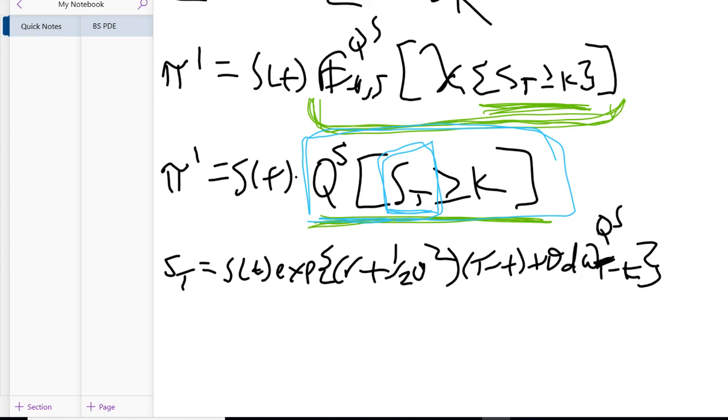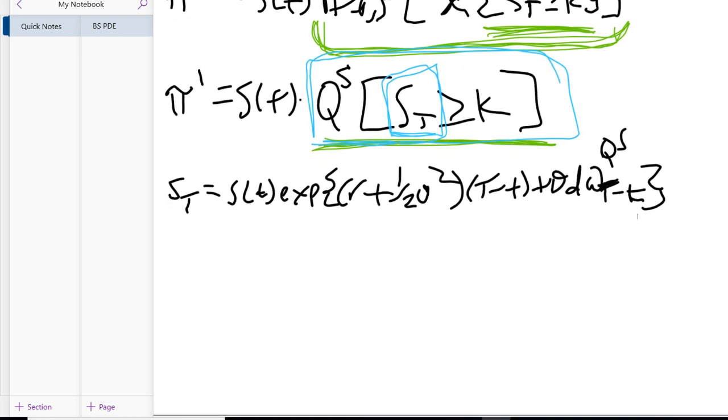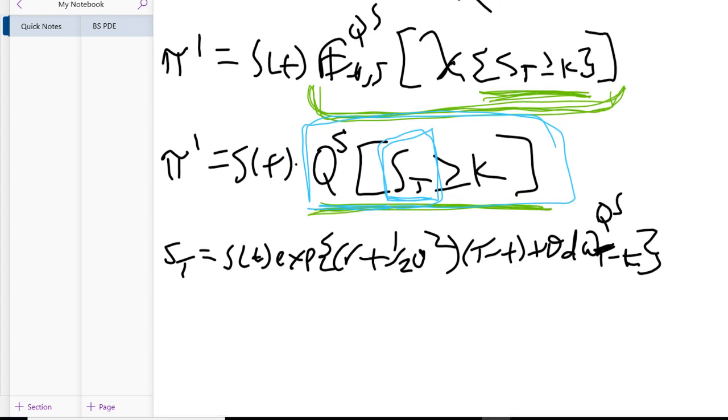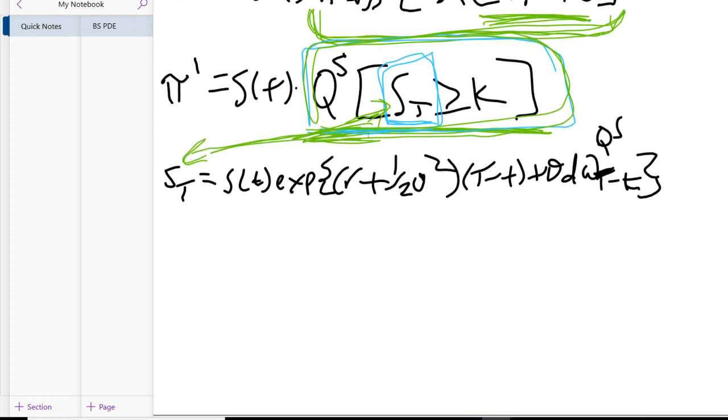So that is your solution for S(T). With that, we're going to follow the same idea: we will just pop that into here and start solving. So let's rewrite this as pi 1 equals S little t times the Q.